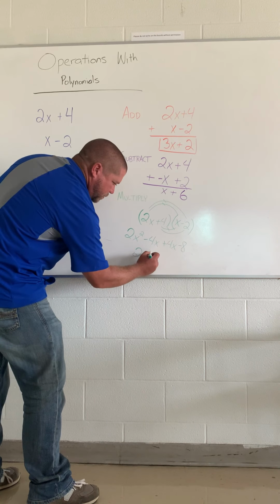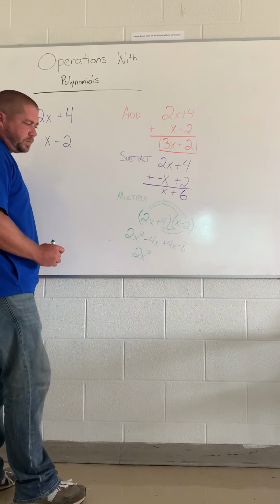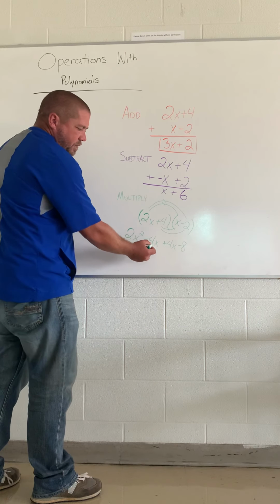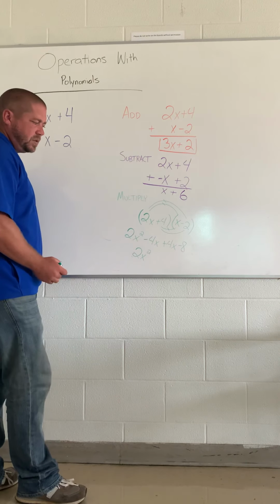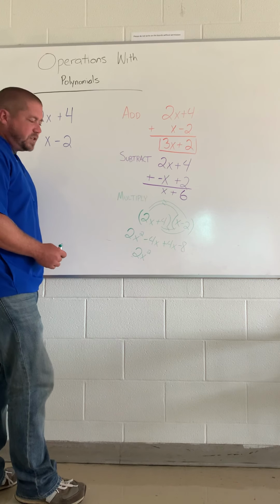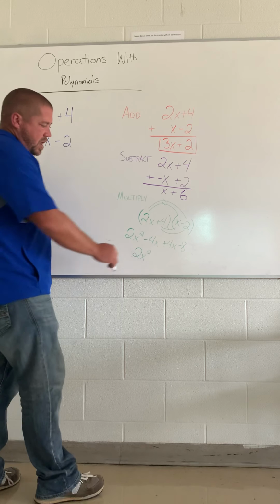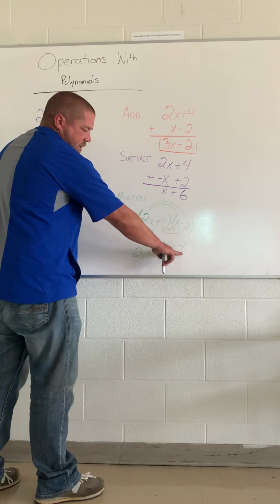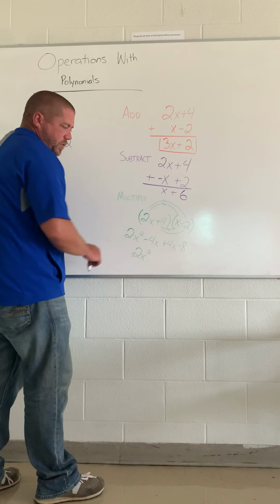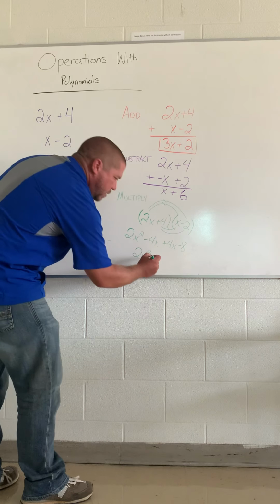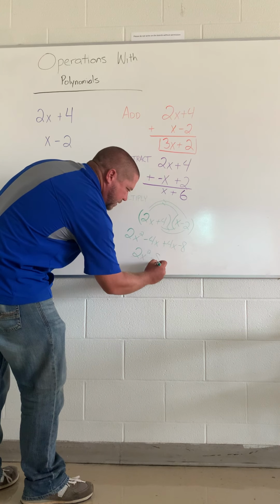So it's going to stay the way it is. We've got a negative 4x and a positive 4x. So we need to combine those. 4 minus 4 is 0, so we have 0 x's. And then we have negative 8 is the only constant. There's no other constant terms without a variable. So we write that as just negative 8.